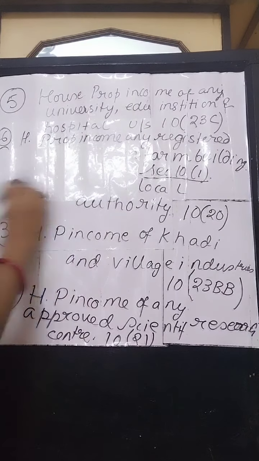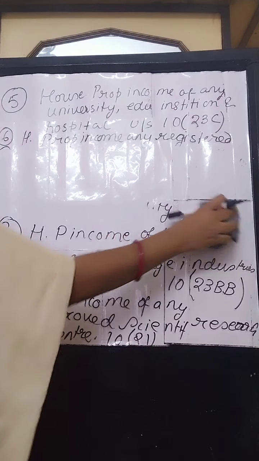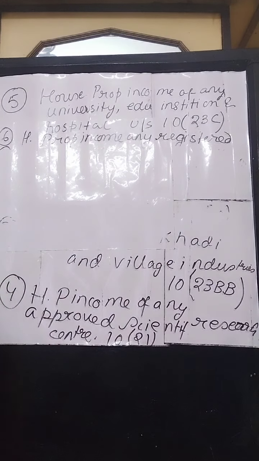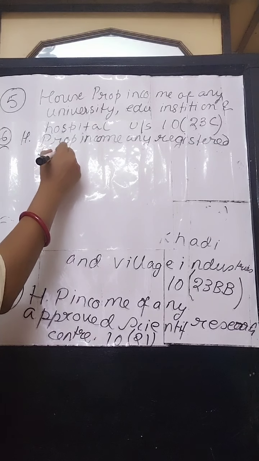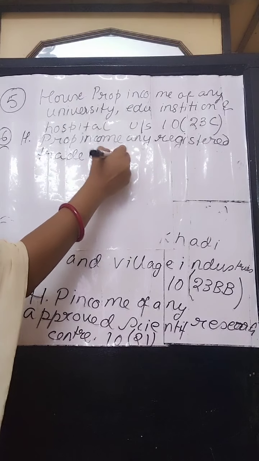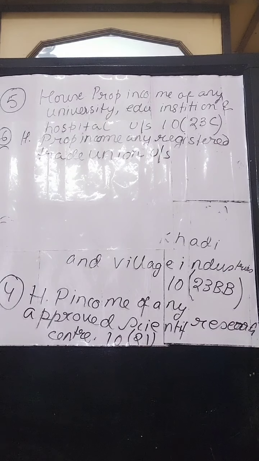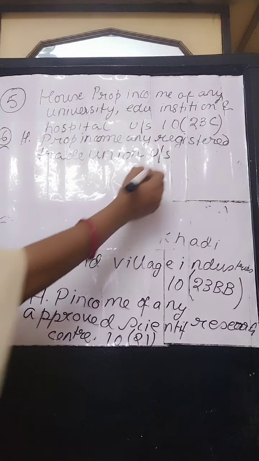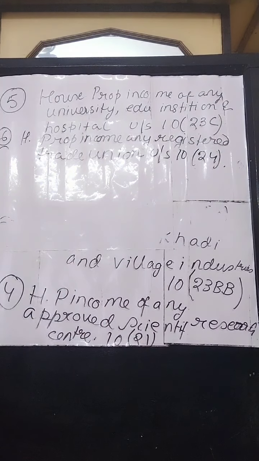So house property income of any registered trade union is also not chargeable to tax, and this comes under section 10 subsection 24. Remember, these are not chargeable to tax.